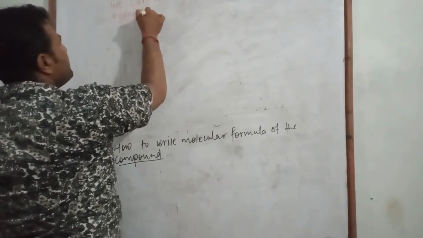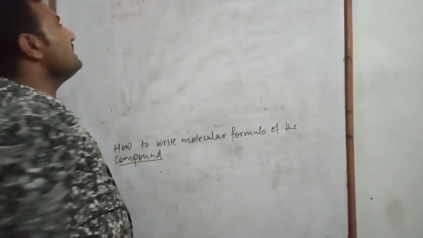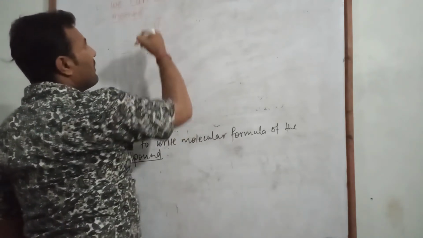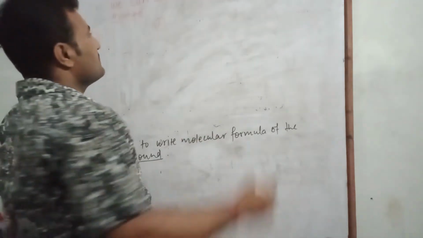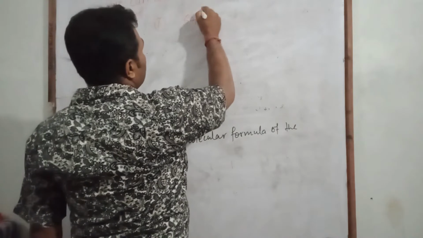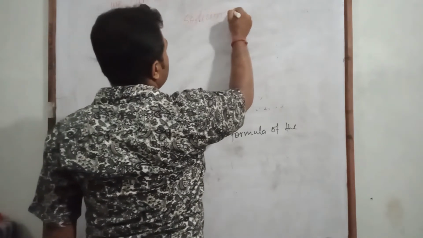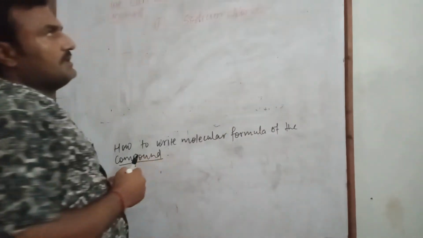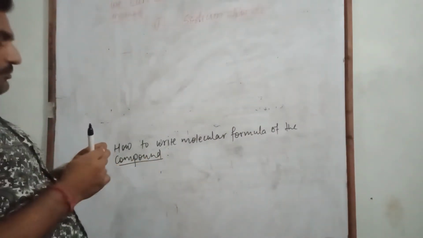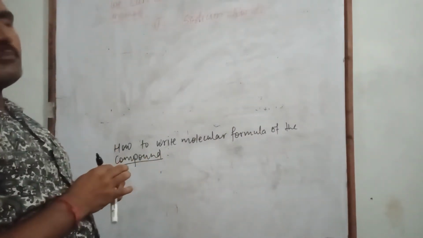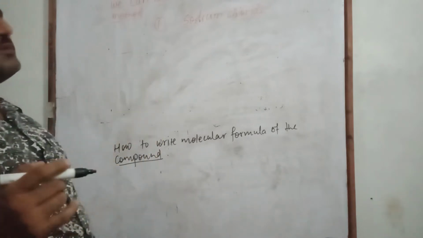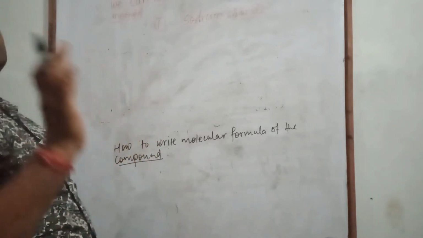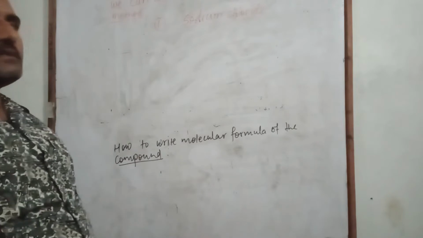In this method, at first we need the name of the compound. Suppose sodium chloride is a chemical compound. How do we write its molecular formula? Here we should know the radicals present in it.